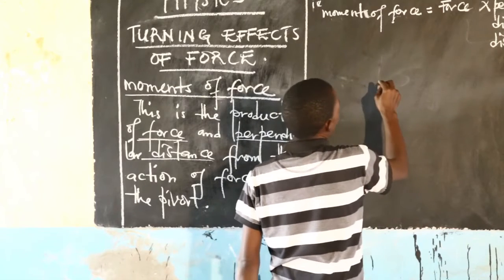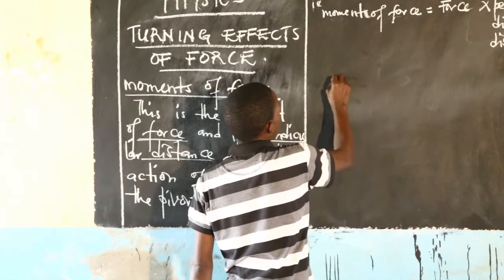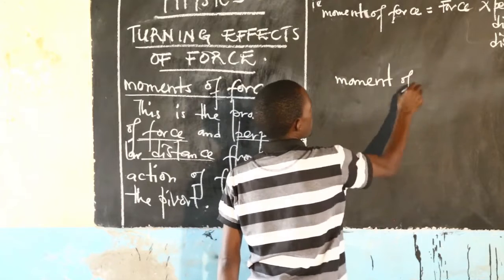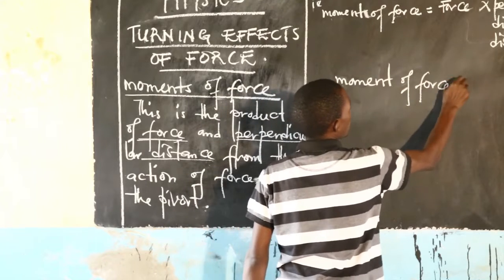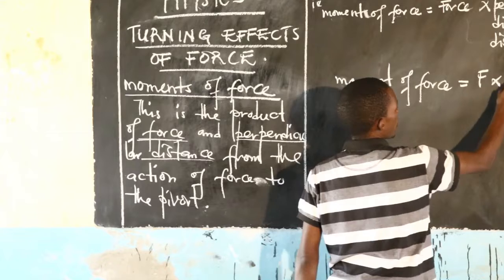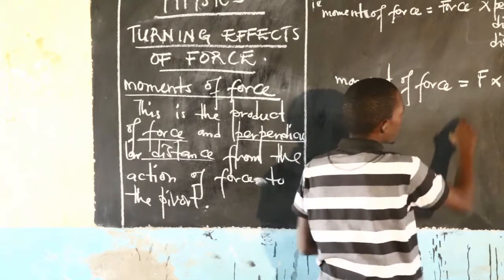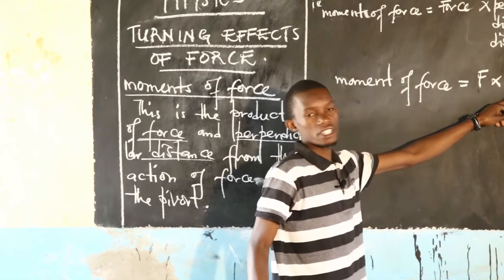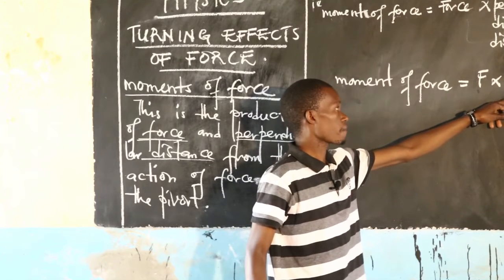We present this one in this form. We say that F times D, where the F is the force and D is the distance.